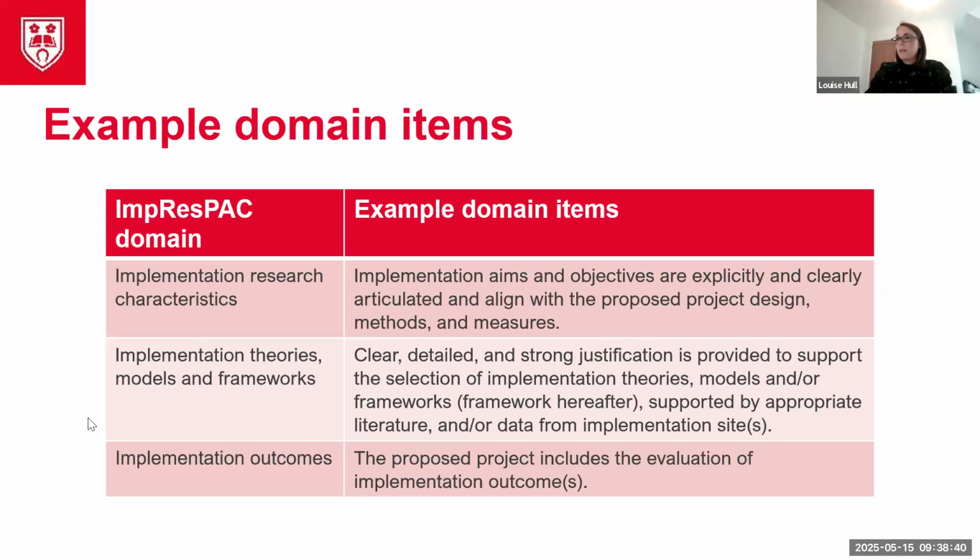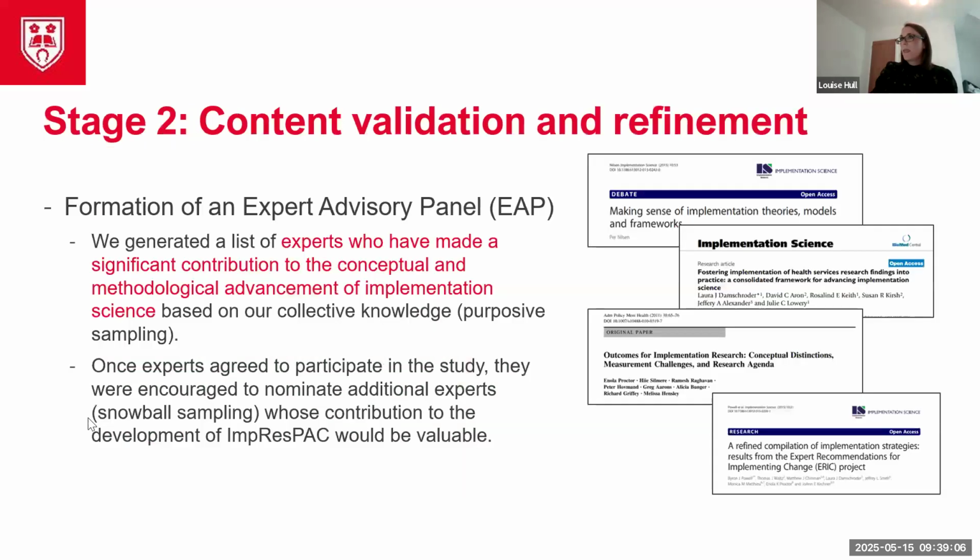A domain item for the implementation theories, models and frameworks domain was: clear, detailed and strong justification is provided to support the selection of implementation theories, models and frameworks, supported by appropriate literature and/or data from implementation sites. And then just another example of a domain item from the implementation outcomes domain: the proposed project includes the evaluation of implementation outcomes.